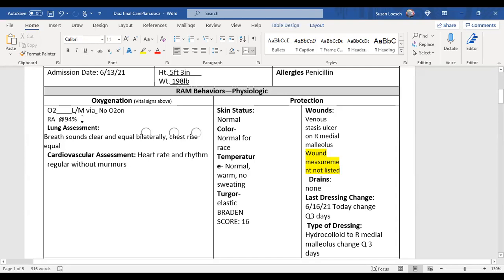She's on room air, so room air and whatever the percentage goes there. And then how did those lungs sound? You already put your respirations at the top because that goes with your vital signs, so you don't have to redocument the number of respirations.